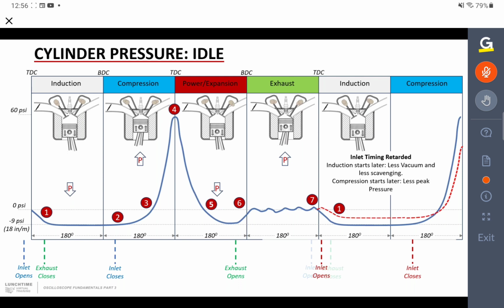But if that last pressure peak occurs after top dead center, that usually means that your inlet valve opening is retarded, and so of course will be your inlet closing. So inlet valve timing, you can pick up if that peak is after top dead center. It should be just before. The inlet valve should open just before top dead center. If it's opening after, then there's a good chance your inlet valve timing is retarded.